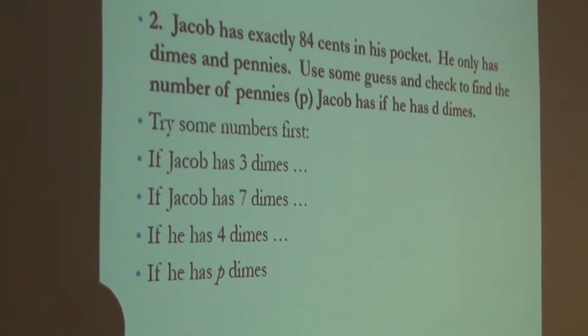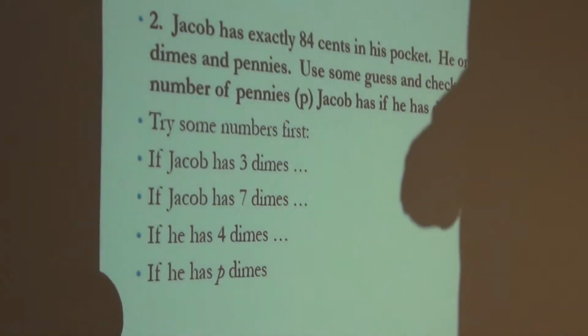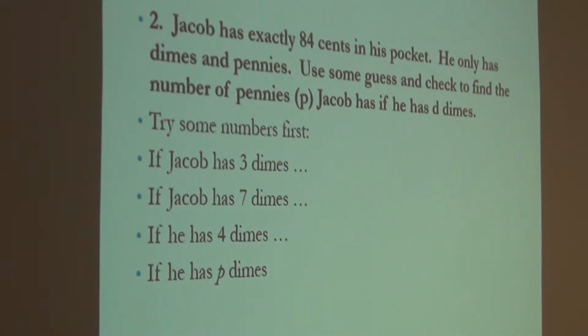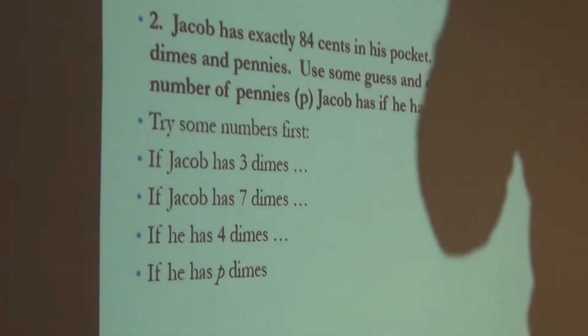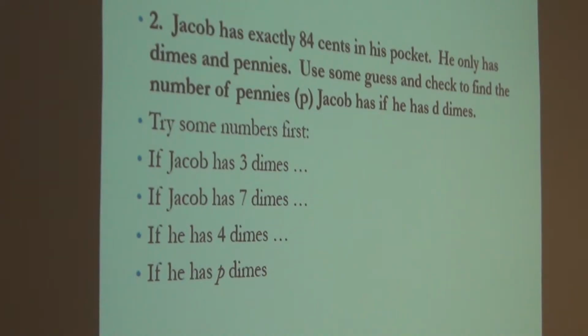It's very short, so we're sampling a little bit in chunk 2. Jacob has 84 cents in his pocket. He only has dimes and pennies. Use some guess and check to find the number of pennies Jacob has if he has D dimes. So that's the problem in a sense at the end of it.